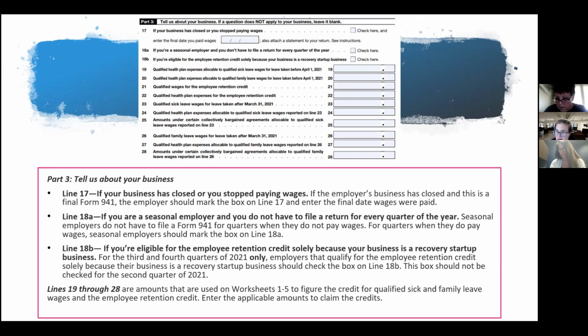Okay, so most programs will pre-fill these lines 19 through 28 for you, but you really should know what goes in where, and you should have an idea.